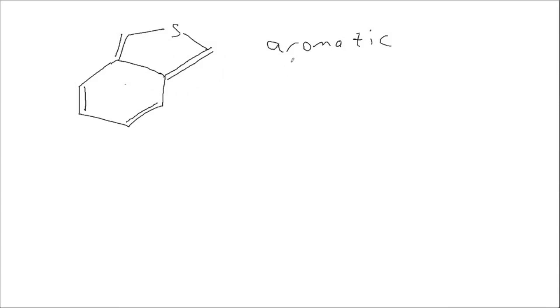It's 10 pi electrons, including the one lone pair on the sulfur. 2, 3, 4, 5, 6, 7, 8. Now the sulfur has 2 lone pairs. Do they both count as pi electrons? One of them does. Yeah, only one pair counts as pi electrons because you can only contribute one pair. Okay, so remember that sulfur is like oxygen, and we use pretty similar approaches for working it out. Good.